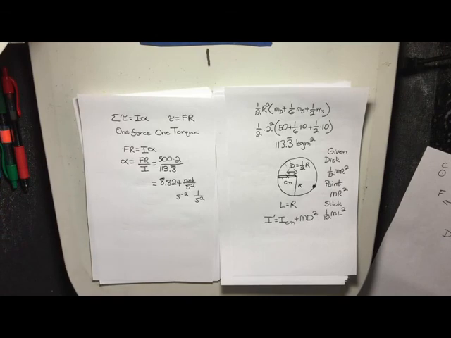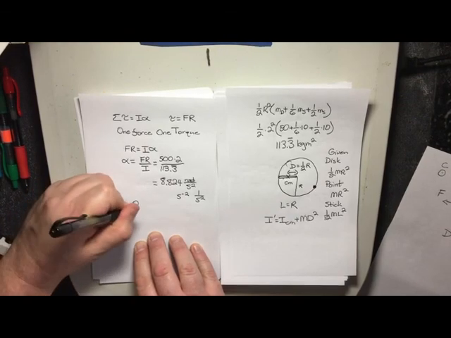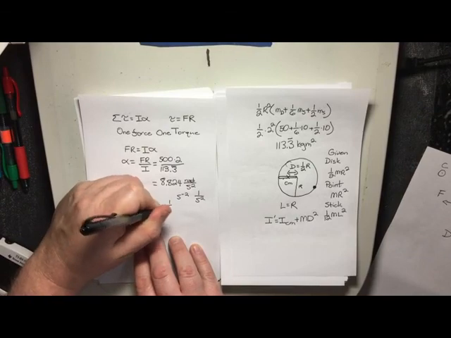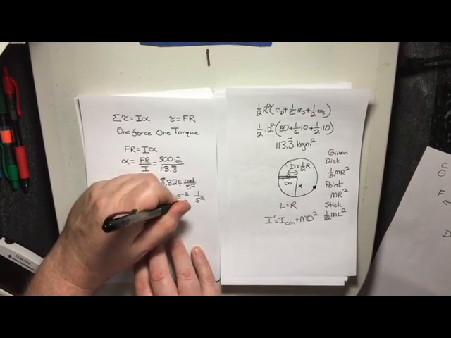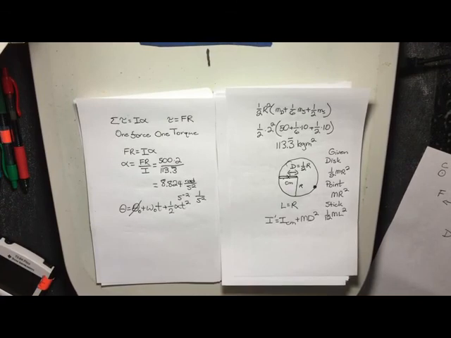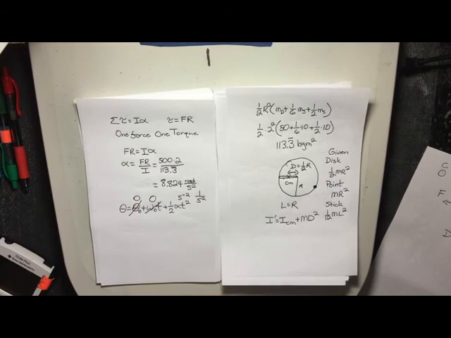And now that I have my alpha, I can determine N by theta equaling theta naught plus omega naught t plus 1/2 alpha t squared. Theta naught is always 0. The initial position of the disk, you just say, that's origin. It started at rest, which means omega naught is 0 as well.